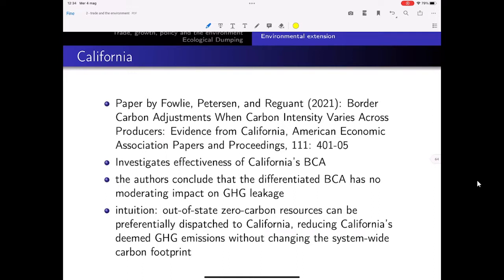You export the dirty goods to regions where no taxes are in place, and you export to California products that have low emissions, so you don't have to pay taxes. It's just a way to play the system.